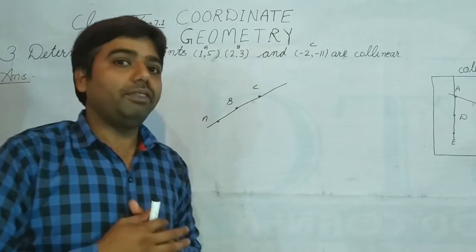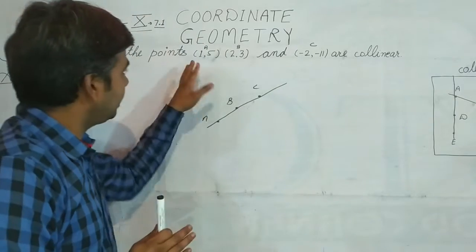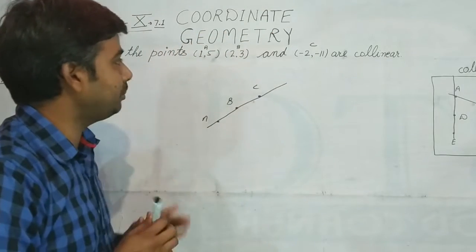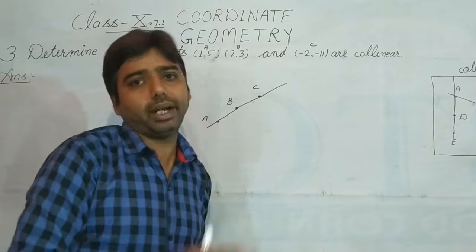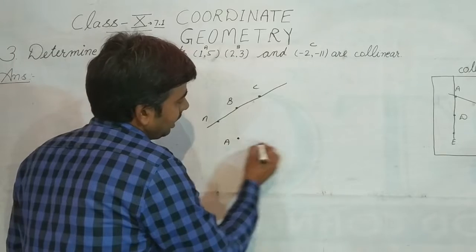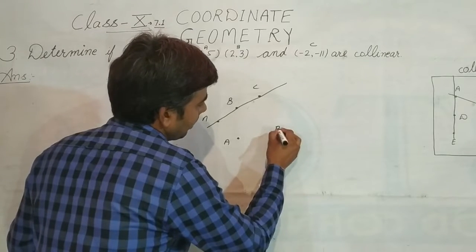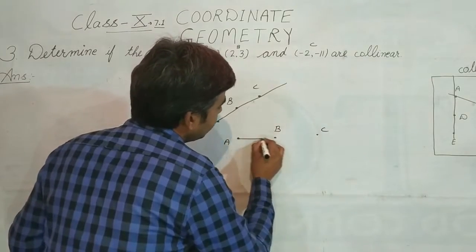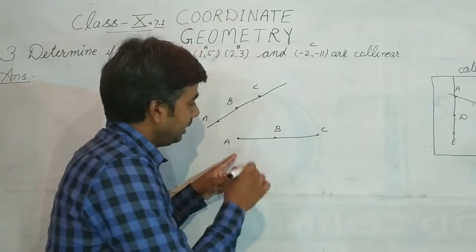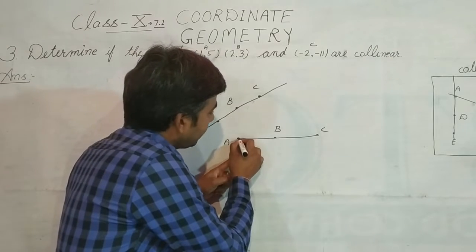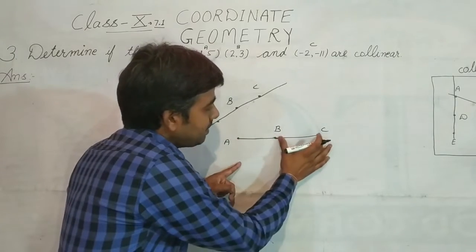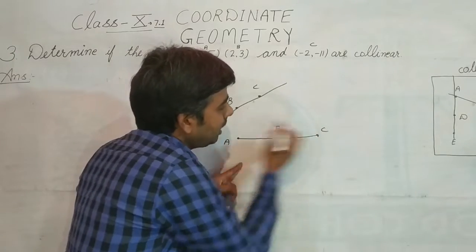Look, we know the distance formula. I have denoted these 3 points A, B and C. If 3 points are collinear, suppose this is A, this is B, and this is C, then one condition must be followed: the distance AB plus BC must be equal to the distance AC.